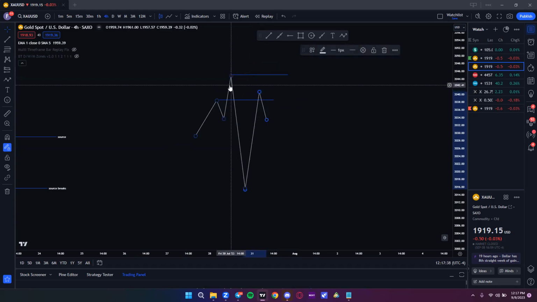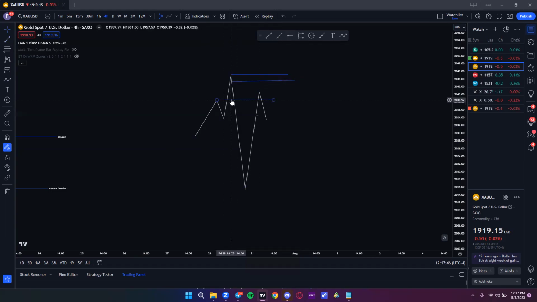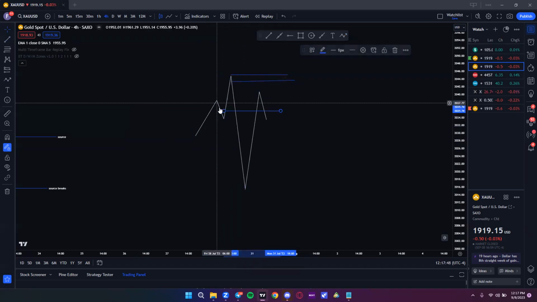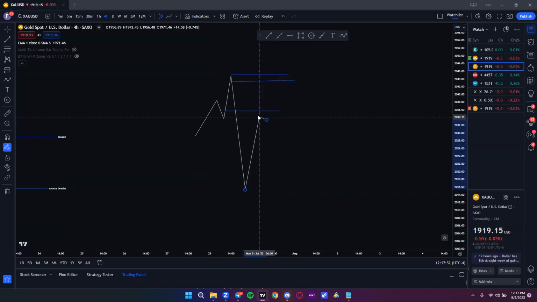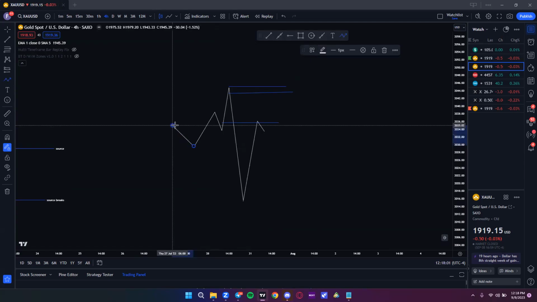There's going to be a source level in this area, and then what is the source break? It's going to be something here, and we want to see if price is going to respect that level.